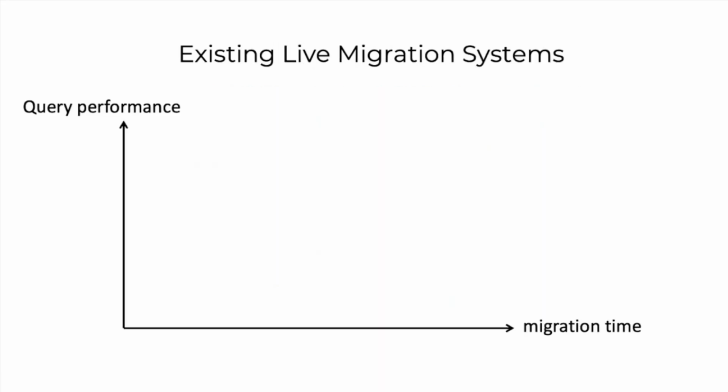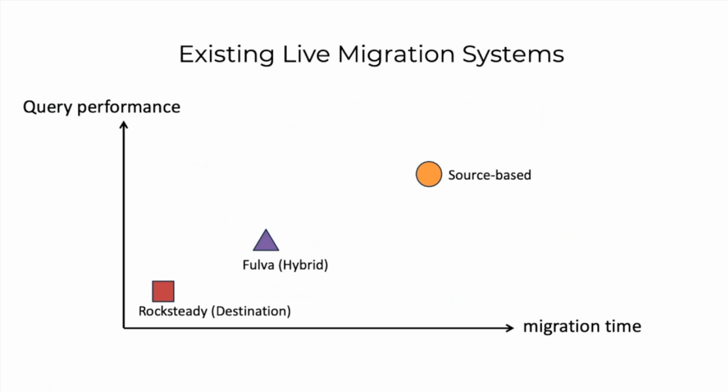Putting existing live migration systems together in a 2D plane with the x-axis as the migration time and the y-axis as the query performance, the destination-based Rocksteady has a short migration time but low query performance. The source-based one has a long migration time but good query performance.